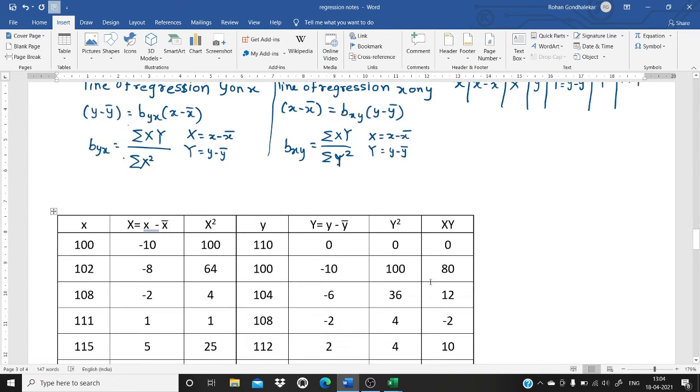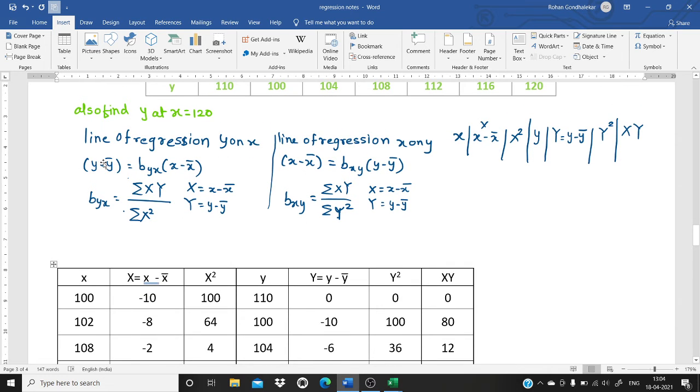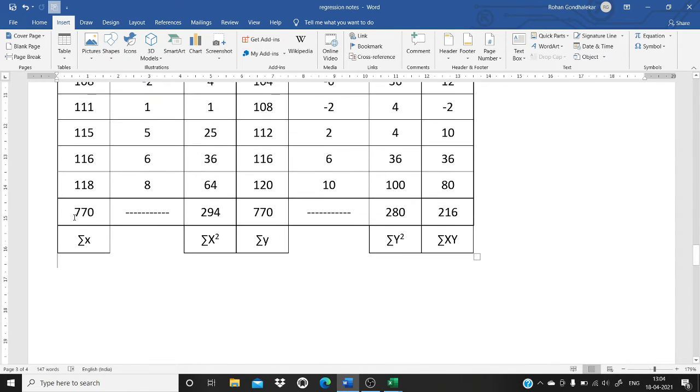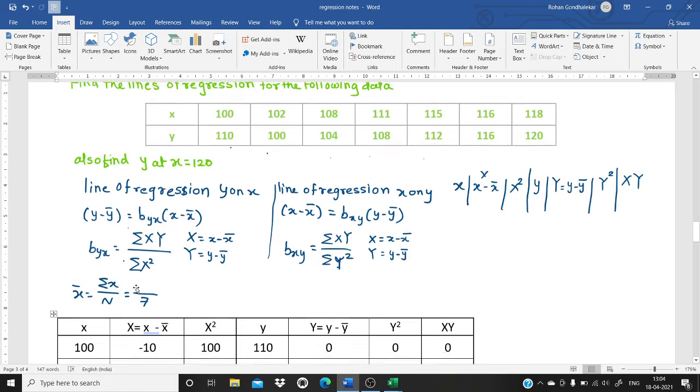Fine. Now, the first thing is we want the x bar and the y bar. So I calculate the x bar. X bar is equal to summation small x upon n. So how many values are there? 1, 2, 3, 4, 5, 6, and 7. So divided by 7. See the total, 770.